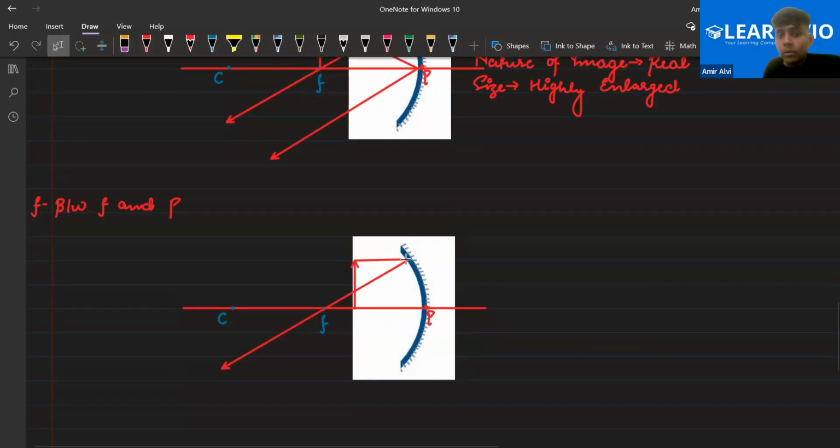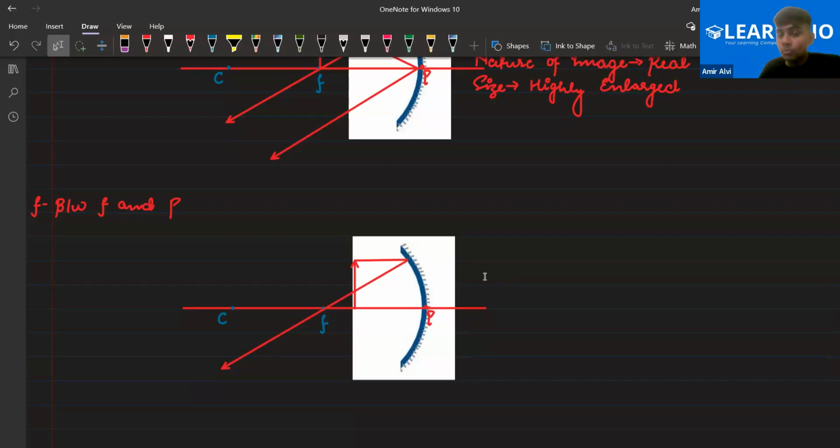One more thing, you might be wondering why I'm drawing with such precision. Right now I'm drawing it roughly, I don't have access to a ruler, but I'm trying to draw it as symmetrical as possible. But in the exams, you have to draw it very symmetrically. Your point of image should be very accurate.